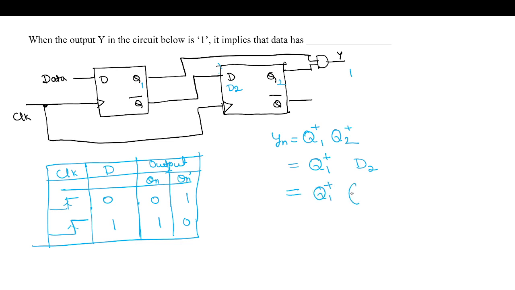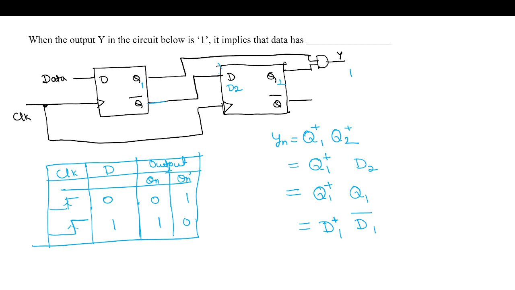It is Q1 previous input. What is this one? It is D1. And what is Q1 complement, which is connecting here? This input, which is D1 complement. Next step.